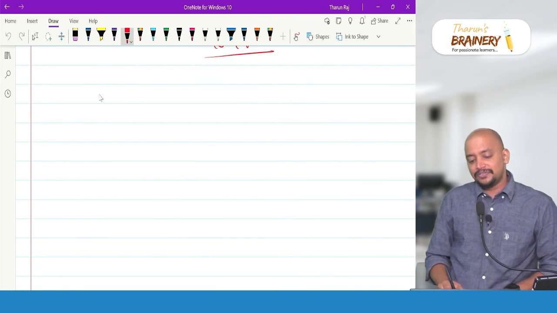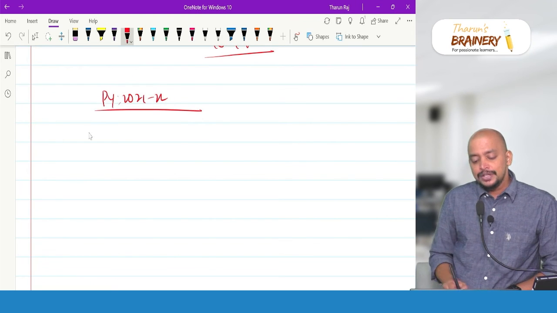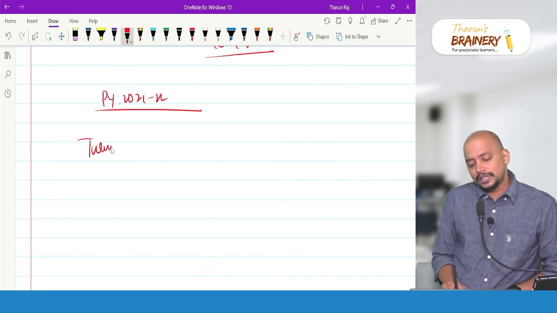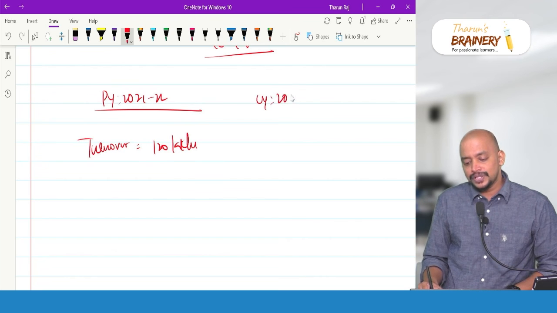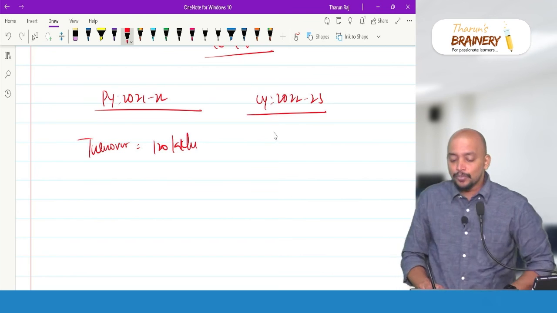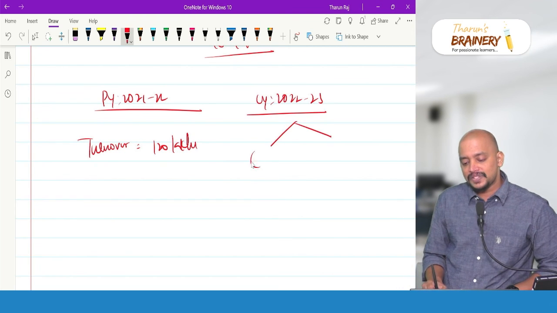And next one, while computing this 10% limit, services by way of interest etc. should not be considered. For example, previous year 2021-22, my turnover is 120 lakhs. Current year 2022-23, I am providing some goods and services, both supply of goods and supply of services.